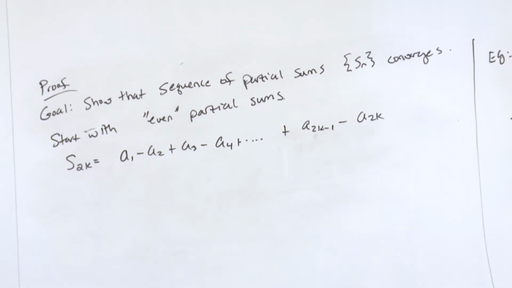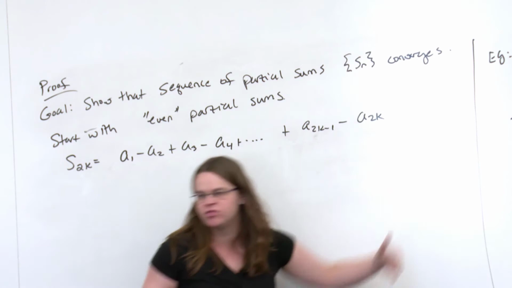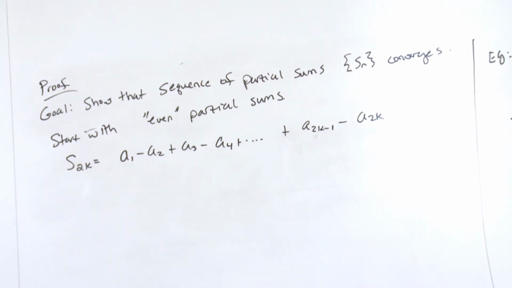And I'm going to start by trying to show that, as long as I stick with ending at an even point, I can control this sequence. So if I look at the subsequence S_2, S_4, S_6, S_8, I'm going to show that we can keep that one under control first of all. OK, so I have this.